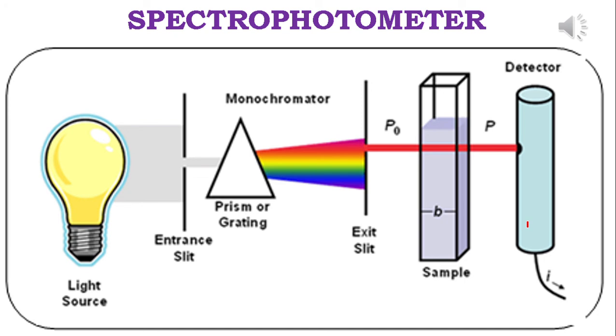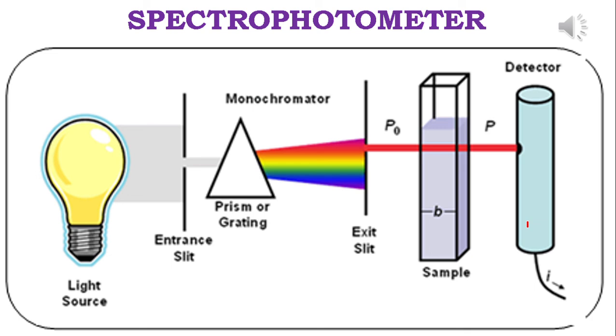In a spectrophotometer, the color is selected not by using a filter but by using a prism or a grating. So color is selected more correctly and it is passing through a slit and then through the sample then to a detector.